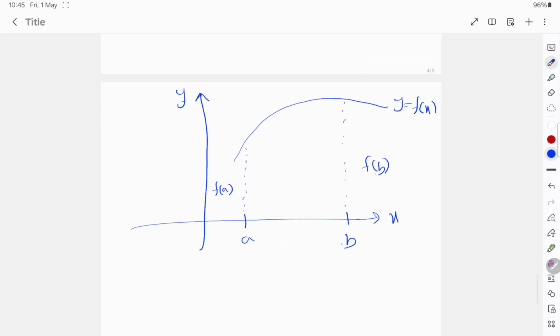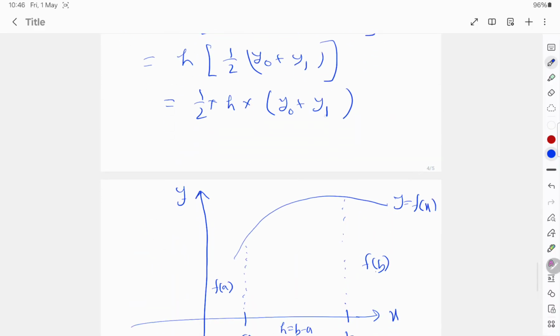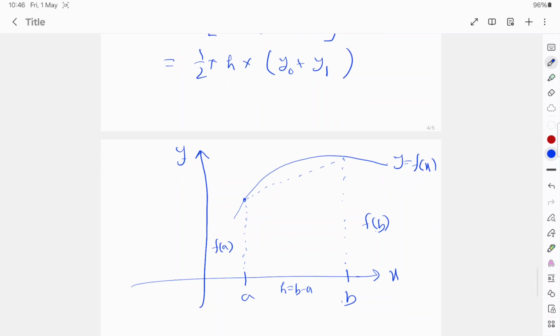And this h is actually b minus a, because n is 1. So this is y0 plus y1. Generally you know from the geometry, if you connect this, it becomes a trapezoid. And what is the area formula for this type of trapezoid? That will be half into h into y0, this one, plus this one.